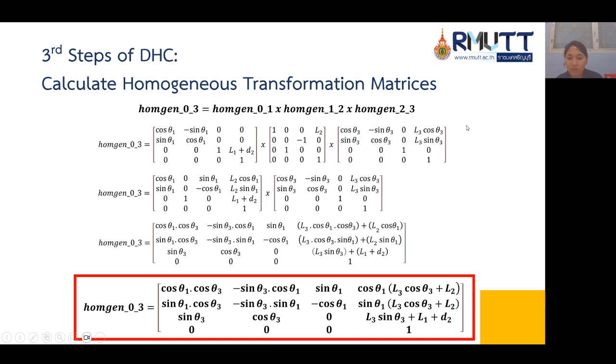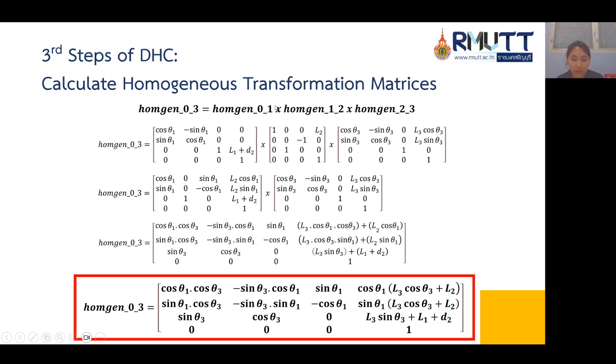From the previous slide, we have three homogeneous transformation matrices: from frame 0 to 1, from frame 1 to 2, and from frame 2 to 3.